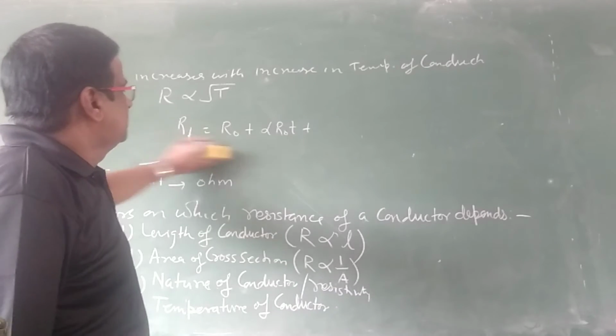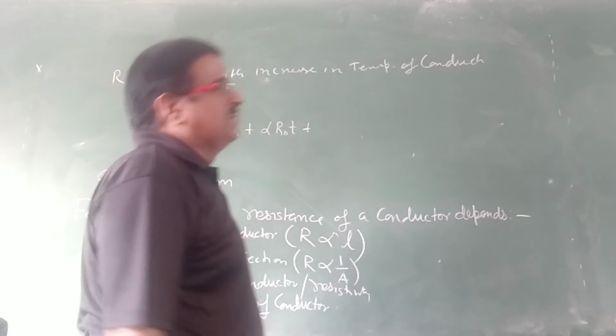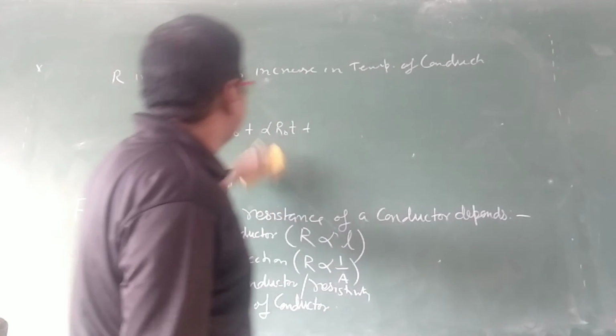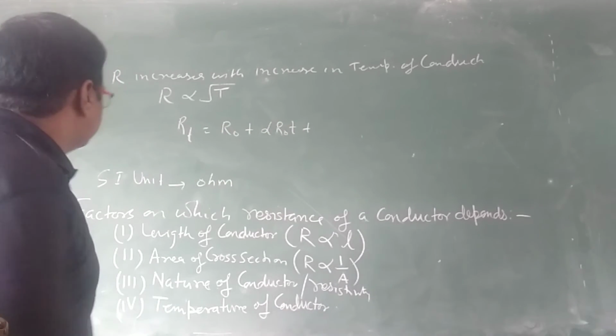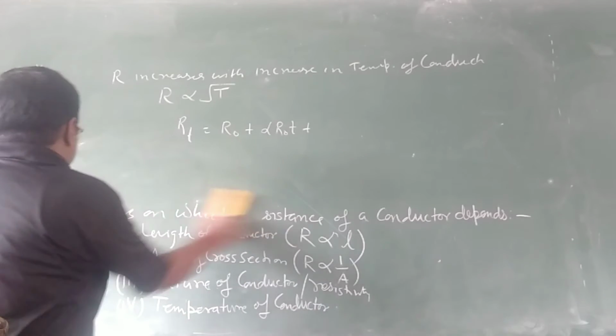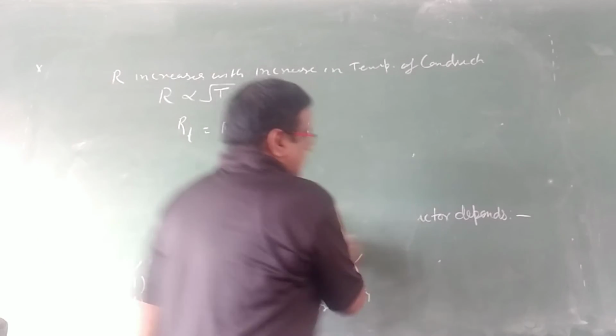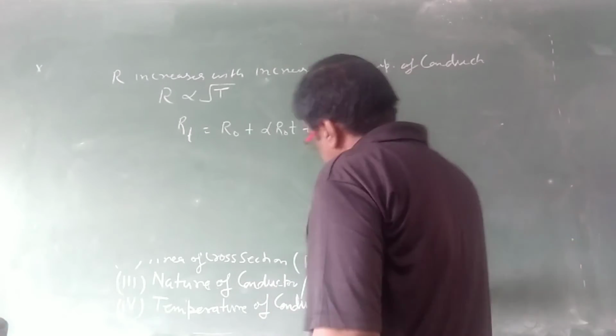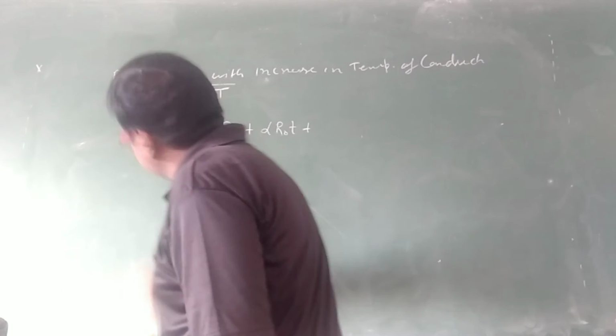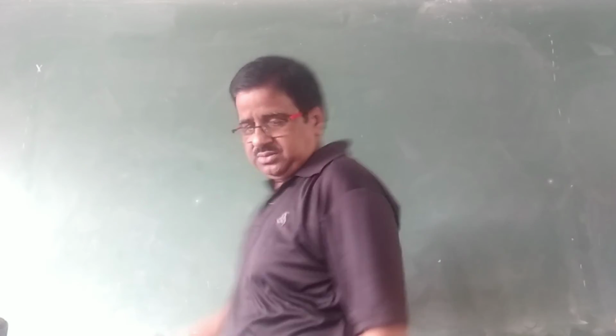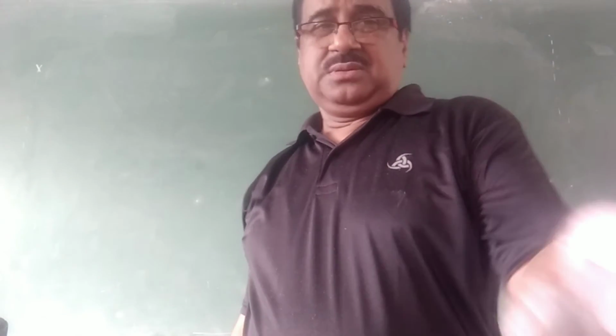Alpha is the temperature coefficient of the material. With increase in temperature, resistance of any conductor increases. I will explain it in detail in the next video.